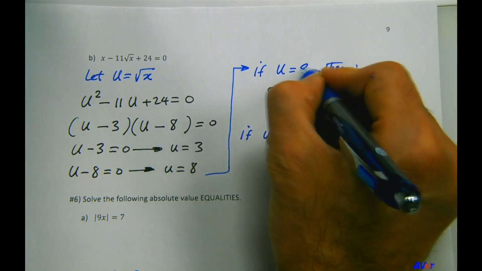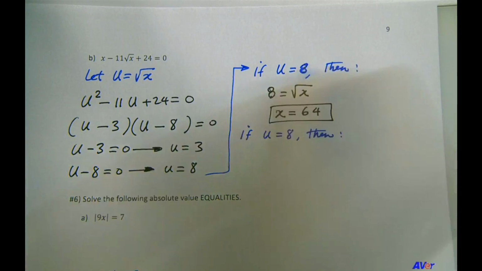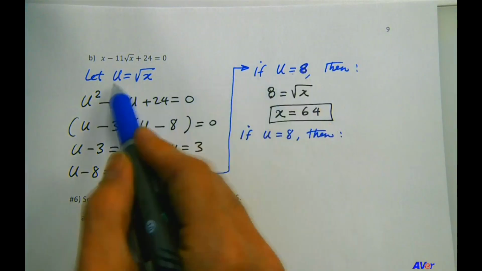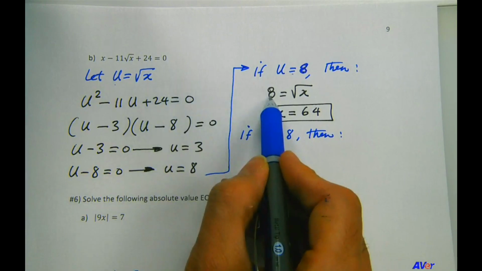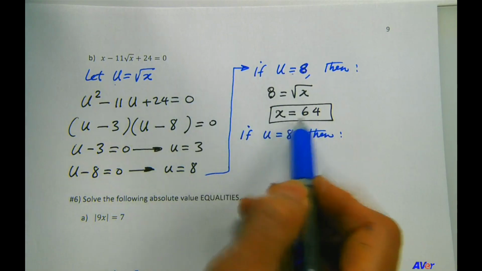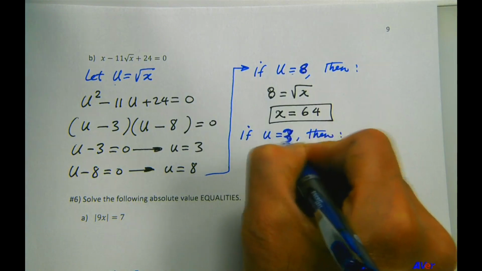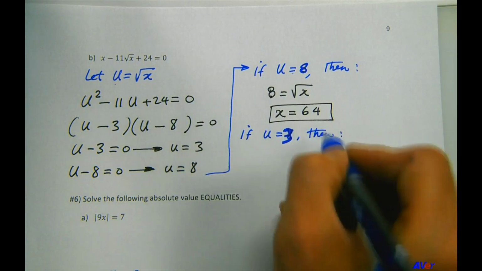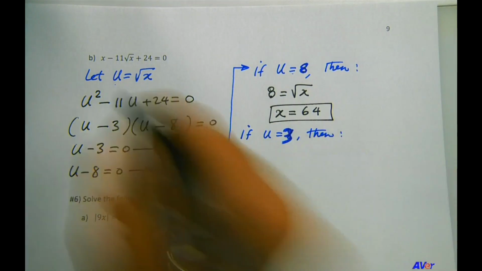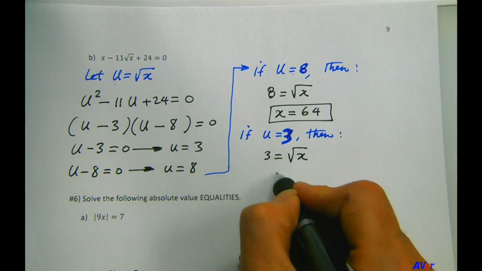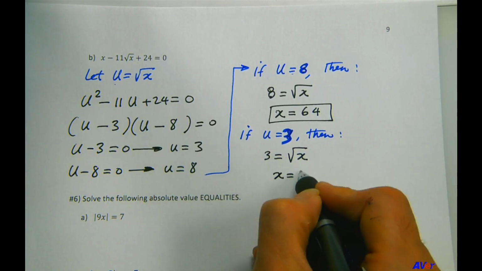If u is equal to 8, sorry about that. That's what I meant to do. So if u equals 8 here, then we substituted 8, and then x equals 64. So if u is equal to 3, like that, then we have 3 equals square root of x, which means x equals 9.